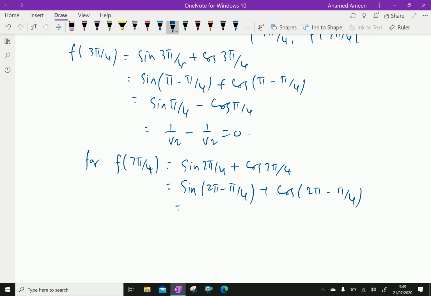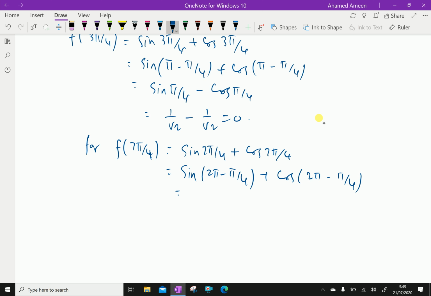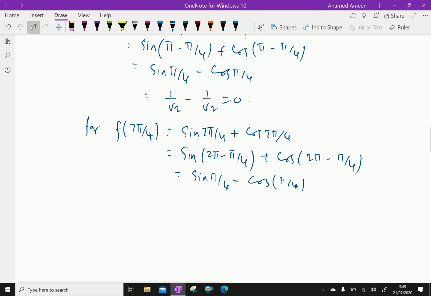This also gives minus sine of pi by 4 plus cos of pi by 4. Also the same values, 1 by root 2 minus 1 by root 2 equals 0.